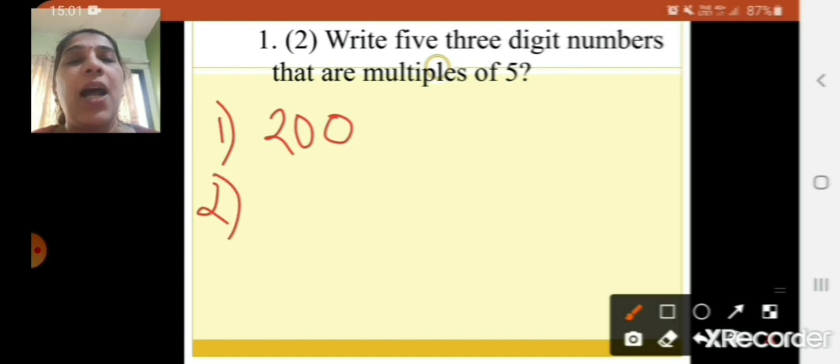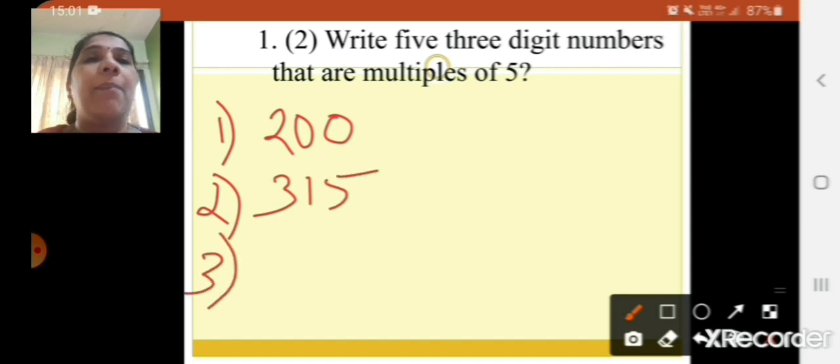Next number, again children, you can take any number of your choice. It is not necessary that whatever numbers I am writing, only those are the multiples of 5, right? Only remember that in the units place it should be 0 or 5 and it should be a 3-digit number. Now next number I'll take as 315, okay?